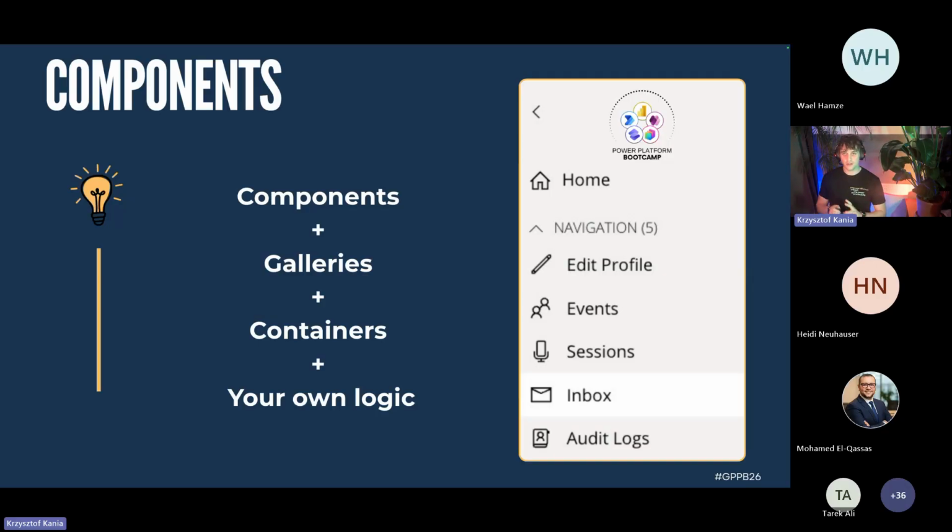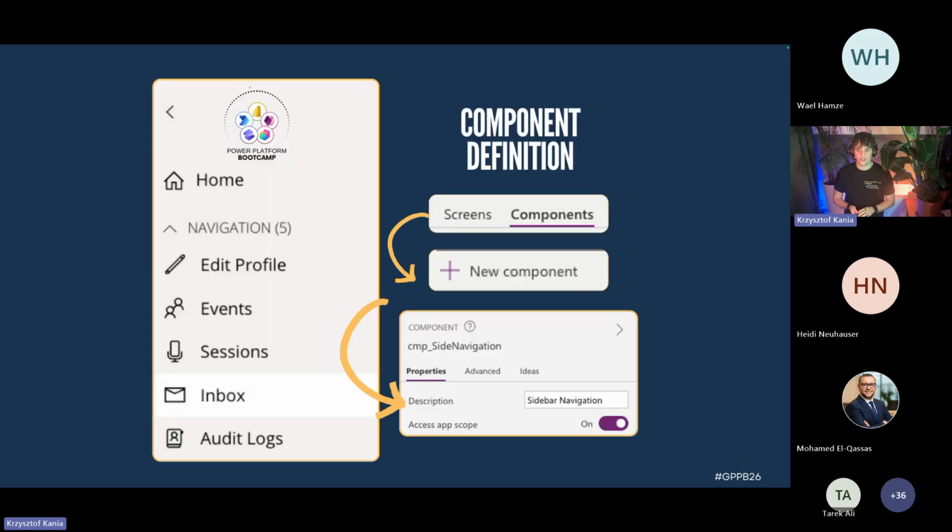We can get our component, create a gallery, add some containers for responsiveness and pixel-perfect allocation, build some additional logic, and then we can reuse our side navigation across our whole application, allowing users to see the same sidebar all across the app with options to navigate to each functionality they would proceed with.